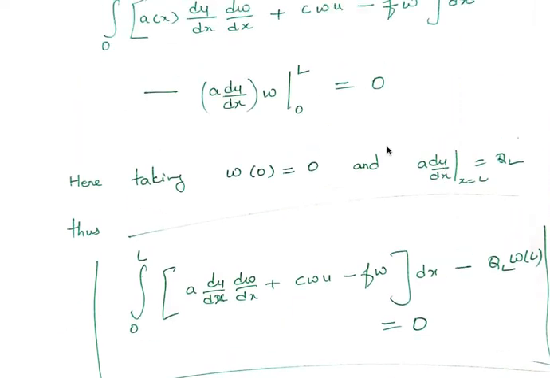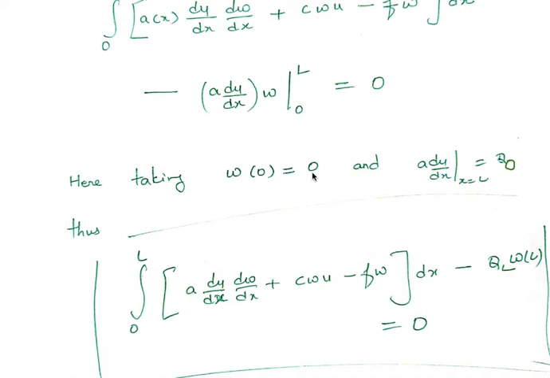Okay, let me change this. This is going to be Q naught, and at 0 w, the weight function at x equal to 0 is taken as 0.